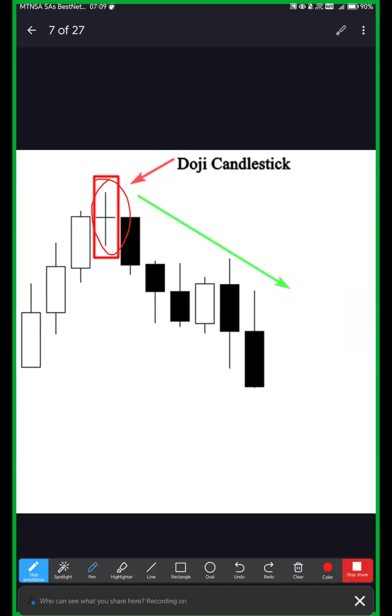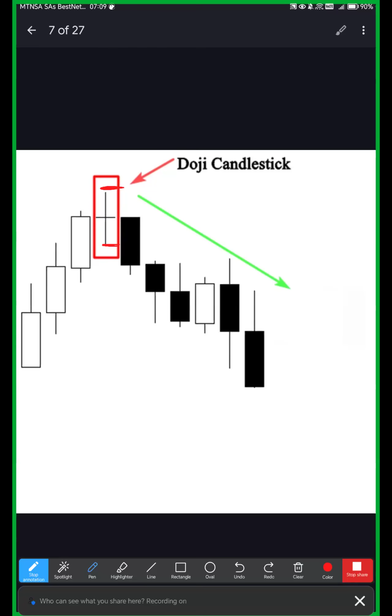The appearance of this doji in this formation tells us that buyers are unable to keep the price higher, and the sellers push the price back to the opening. Can you see? The opening and the closing are at the same price. When the market opened, it went to this level. Can you see? This is the high, this is the low.